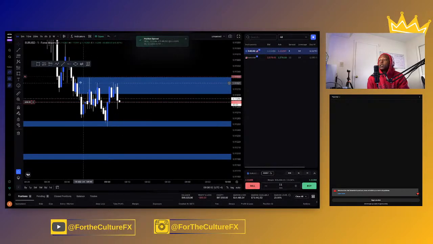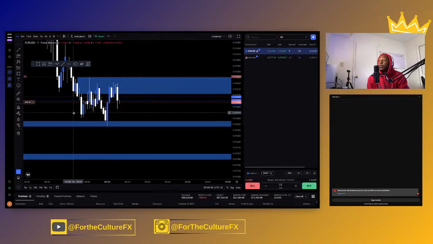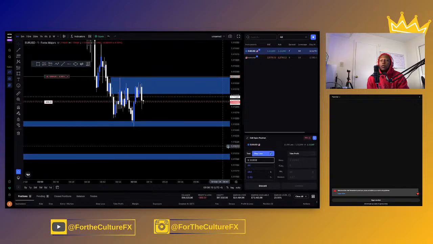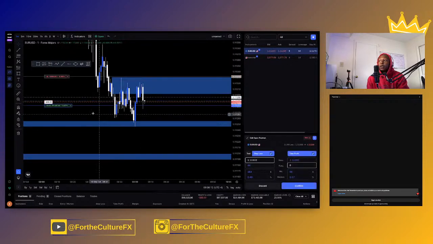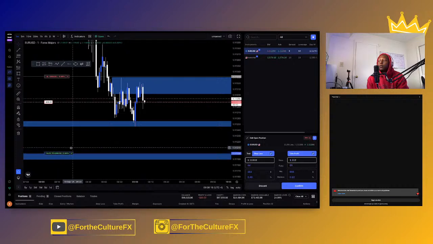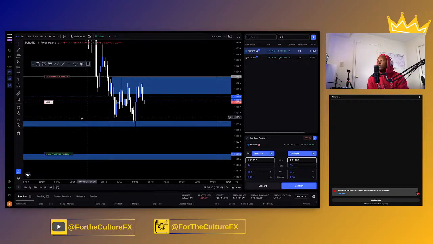All right, I just took a sell position here, stops above this high, targeting back down into these lows. Take profit is going to be set down here for about a 1 to 2 risk to reward for that trade.